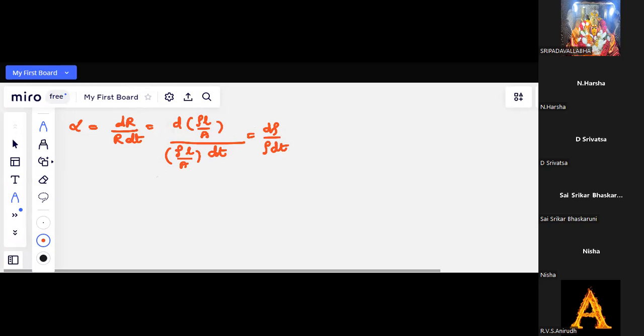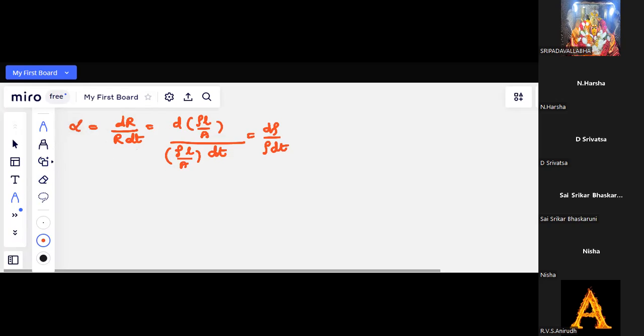And you are accepting that dR by R into dT equals d rho by rho into dT. That means compared to the variations in the resistivity, the changes in length and area of cross section are negligible. That's why we are taking the temperature coefficient of resistivity as the temperature coefficient of resistance.